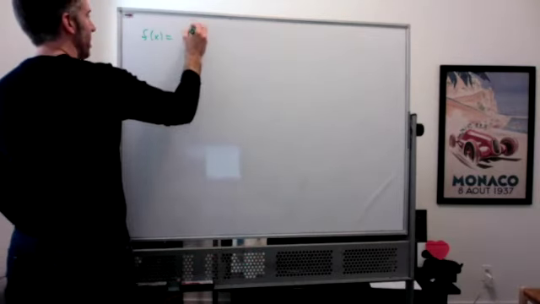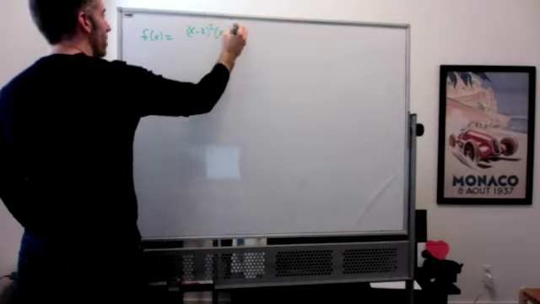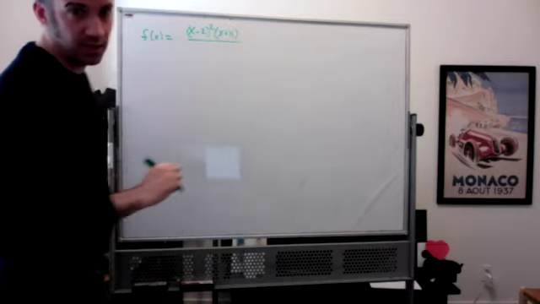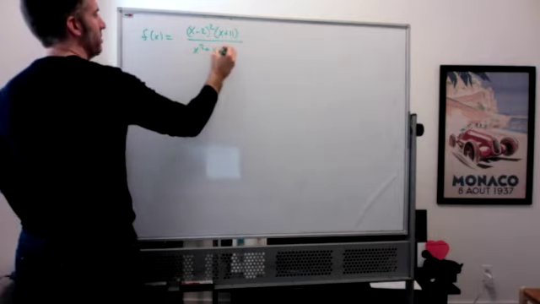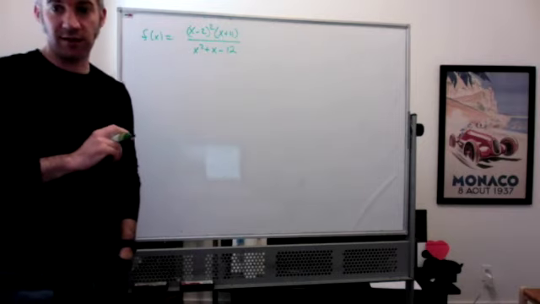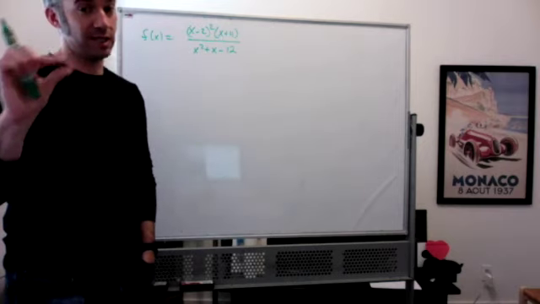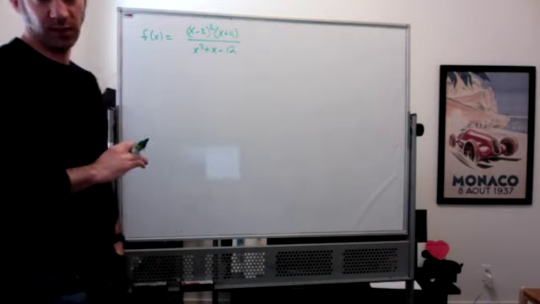So I'm going to write this as x minus 2 squared times x plus 4 divided by x minus 3 times x plus 4, so it's going to be x squared plus x minus 12. So here's a very slightly different problem that's still going to be the same as what I had before with one exception.